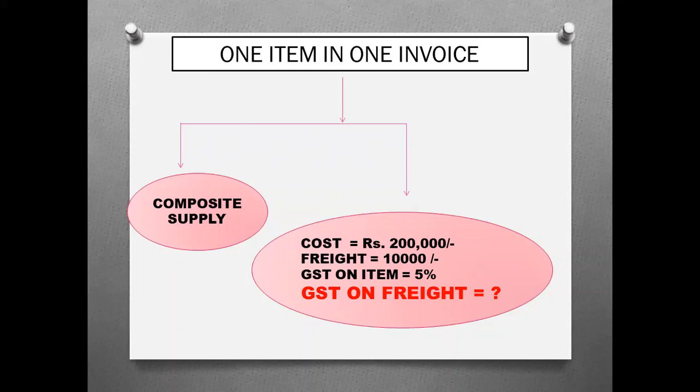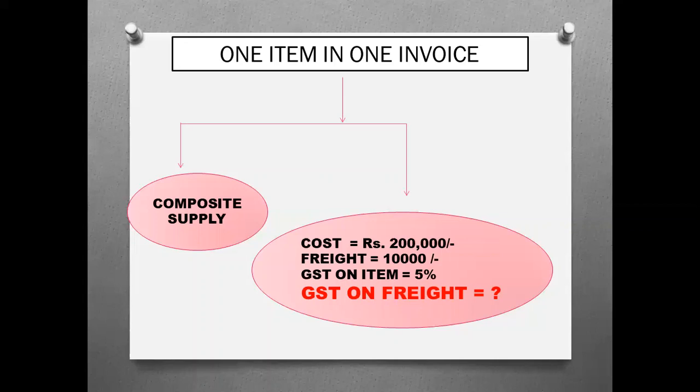If supplier, say for example, A issued an invoice to B for an item costing rupees 2 lakhs, and the applicable GST rate on such item is, say for example, 5%. Freight charges of rupees 10,000 are also levied in the same invoice.